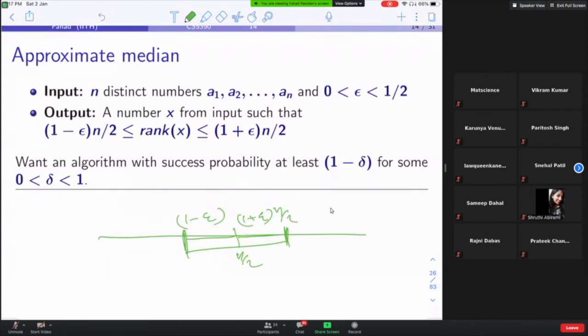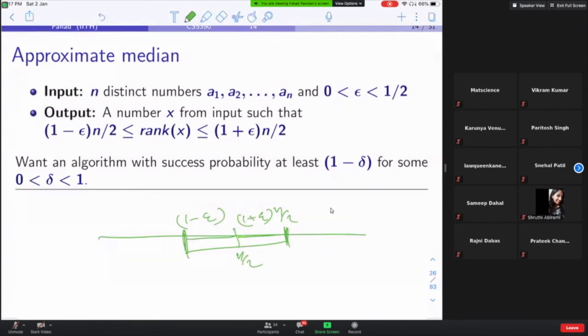If I choose epsilon to be 1 by 1000, then n by 4 may be too far. You can go only a length of n by 200, not n by 4, to the left. So if I want something within that tiny range, how do I find it?